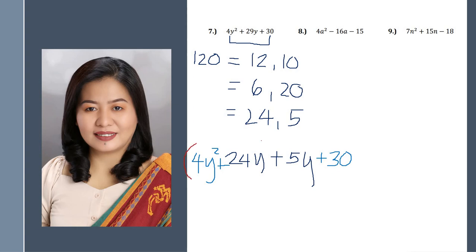So we just have to factor out the first two terms and the last two terms.